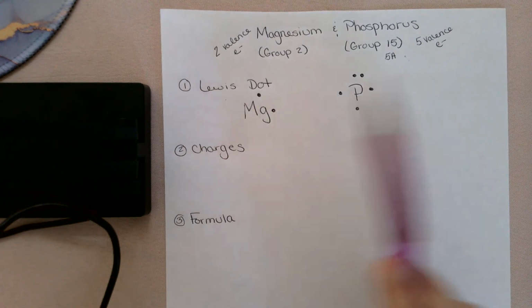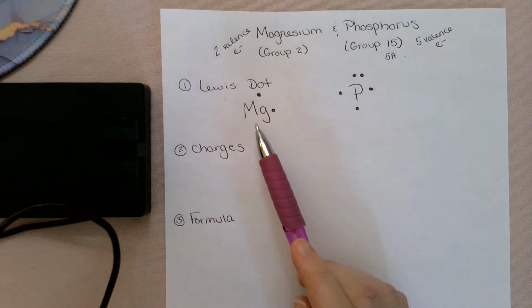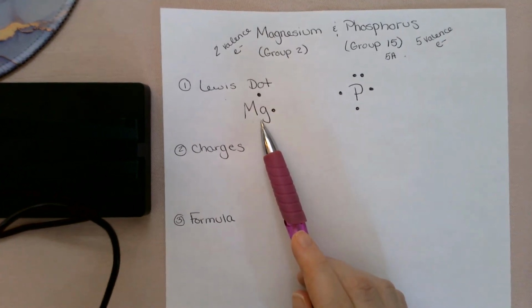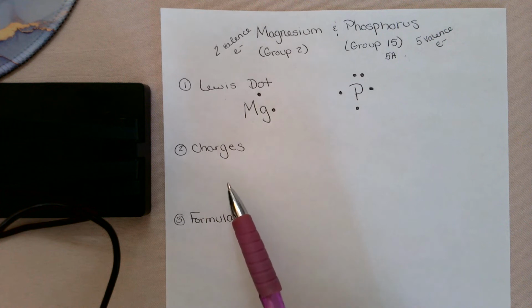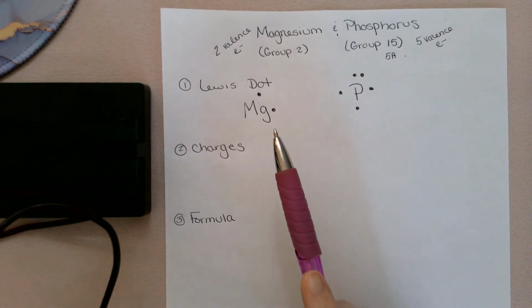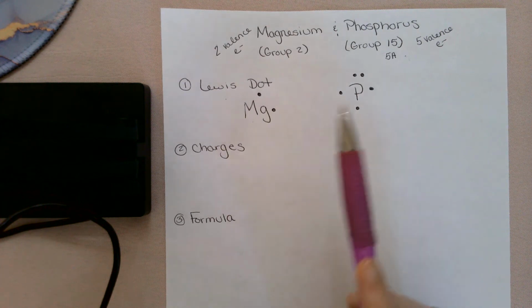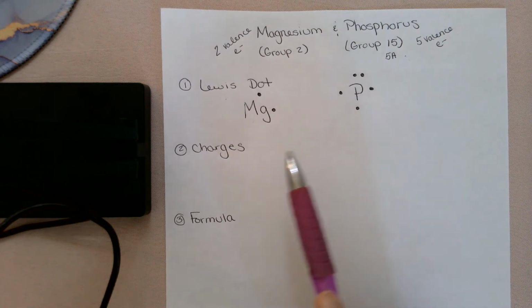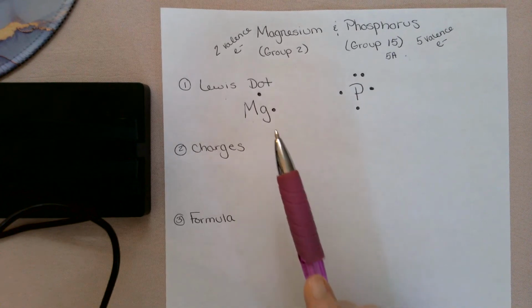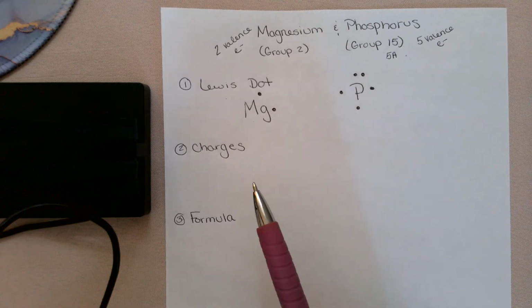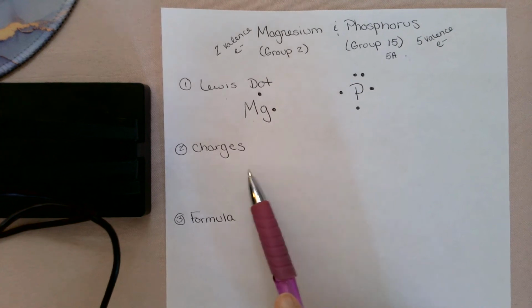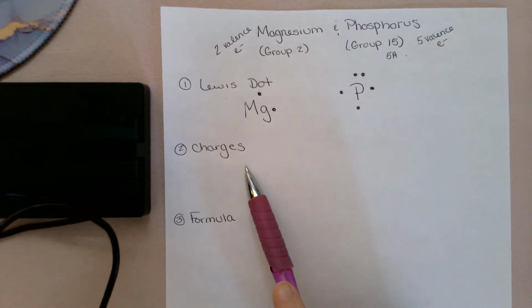Because these are going to form an ionic bond, magnesium is going to donate its electrons to phosphorus, right? But we also know that because they are ionic bonds, these charges are going to have to cancel out. So we're going to have to figure out how many atoms of each element we're going to need in this ionic compound.